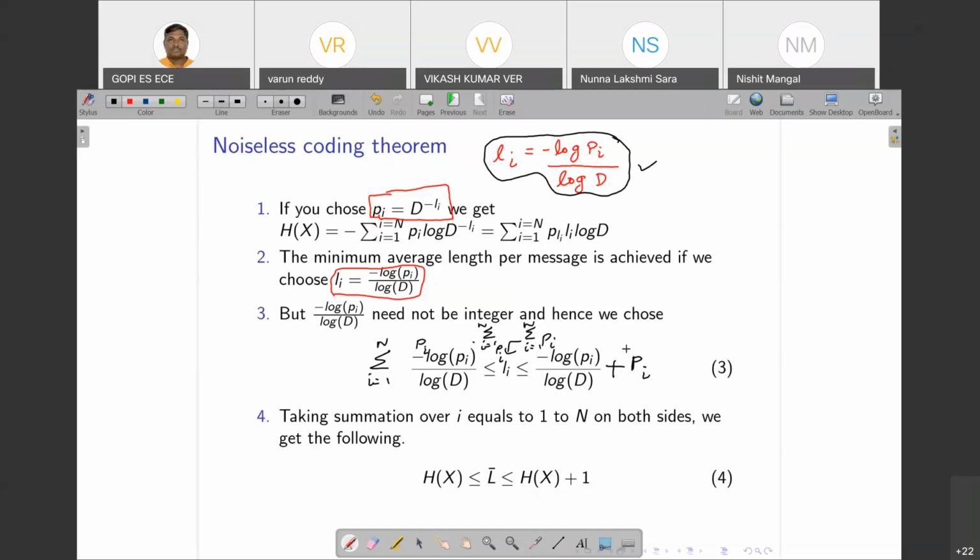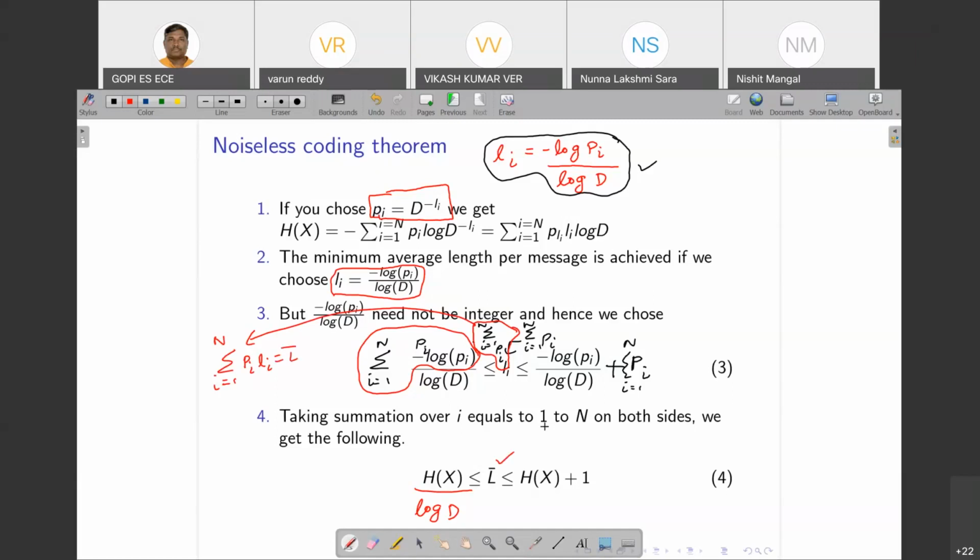In all the cases, if I do this, what do you get? The numerator is H of X, divided by the denominator log D, which is missing here. What you see in the middle one is sigma i equal to 1 to n of pi Li, which is nothing but your L bar.